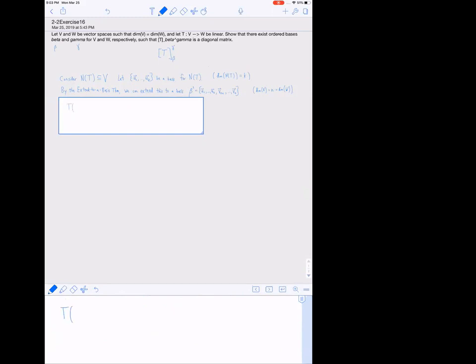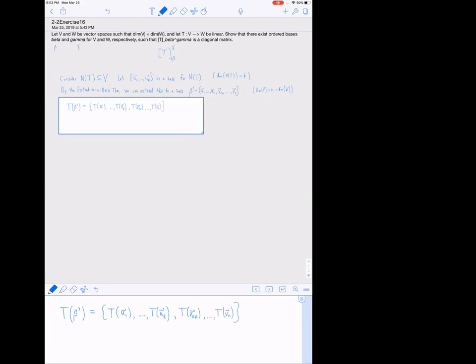So T of beta prime is equal to the set T of U1 up through T of UK, and then T of VK plus 1 up through T of Vn.